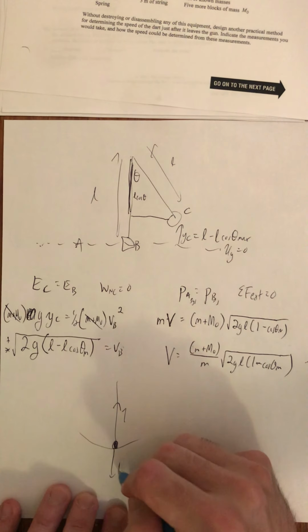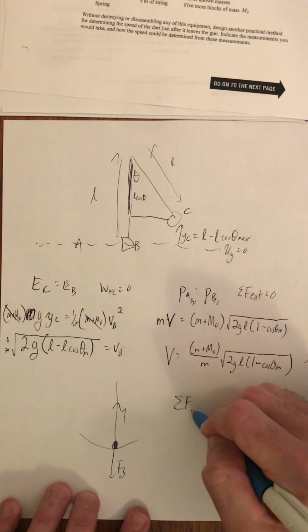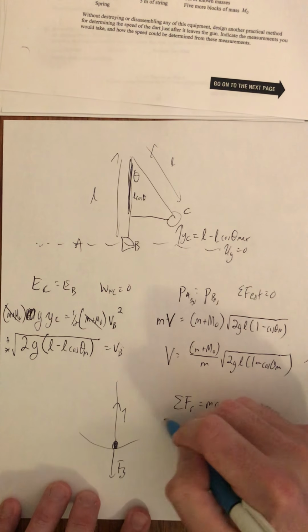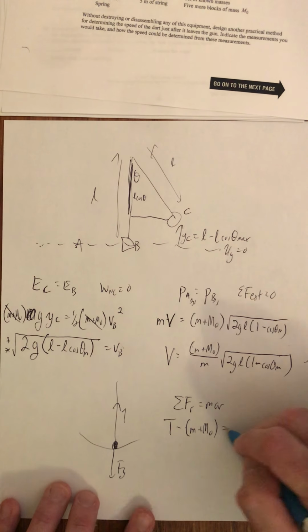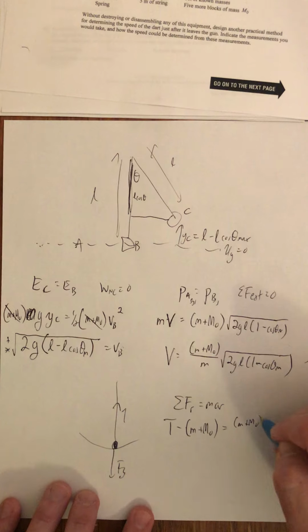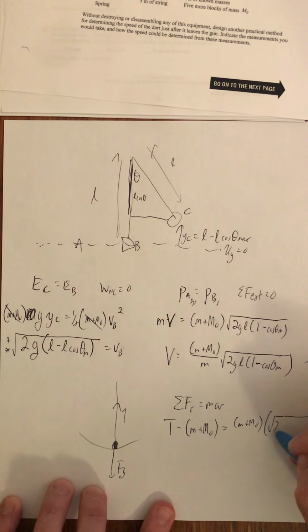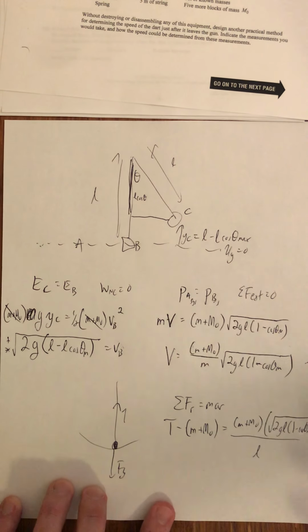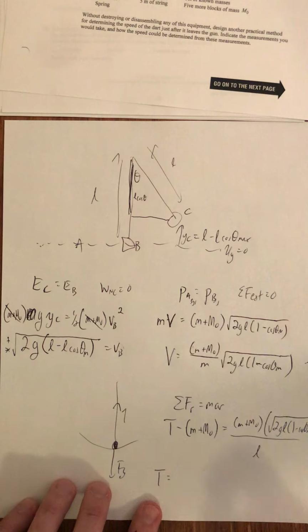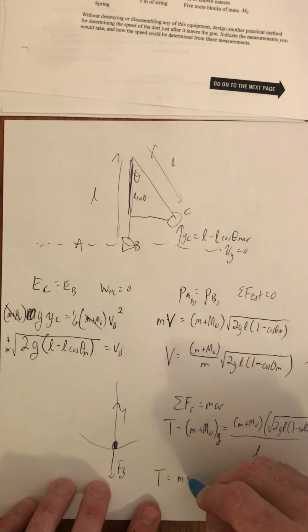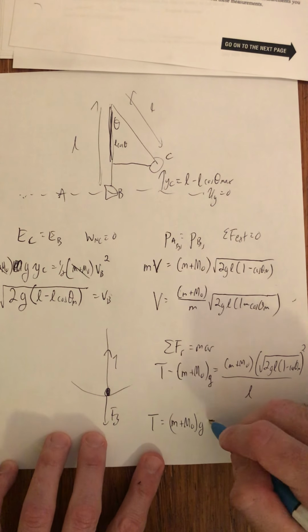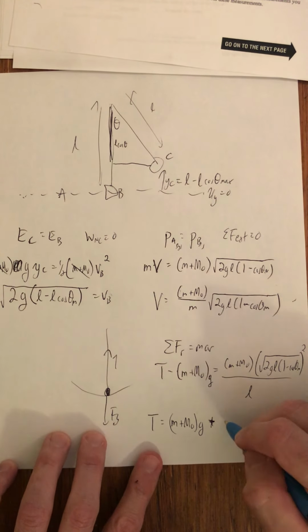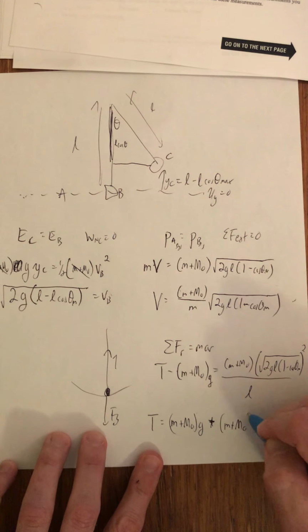And so for tension, they're just making sure that you know how to do a sum of forces in the radial direction. So that's tension minus (little m plus big M) g is equal to (little m plus big M) times that squared, so the square root of 2gL(1 minus cosine theta max) quantity squared, over r, which is L. So I've got T is equal to, I forgot my g here, (little m plus big M) g plus, because we moved it over to the other side, (little m plus big M).